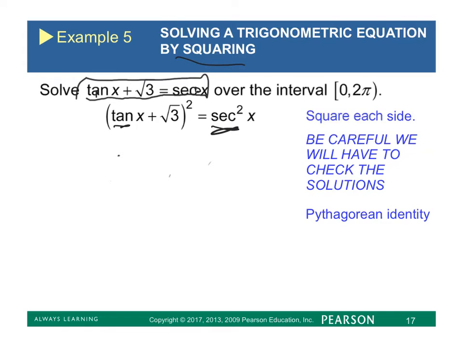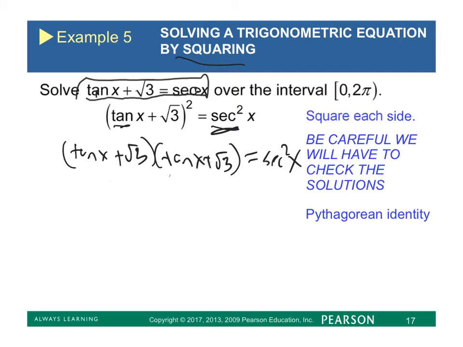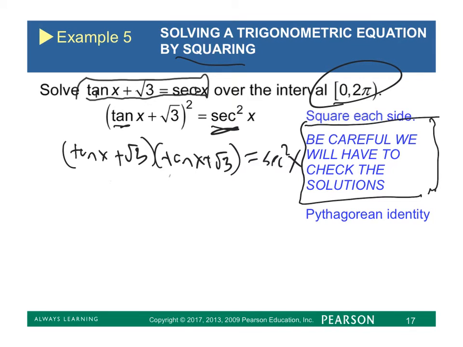We have an identity for that. If I square both sides, I have to remember to treat this as tangent of x plus square root of 3 times tangent of x plus square root of 3 equals secant squared x. We're in radians, and I left a note here for me. This is mostly for me, not for you. Be careful, we will have to check the solutions.